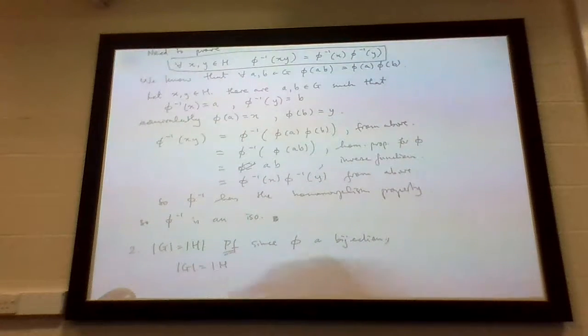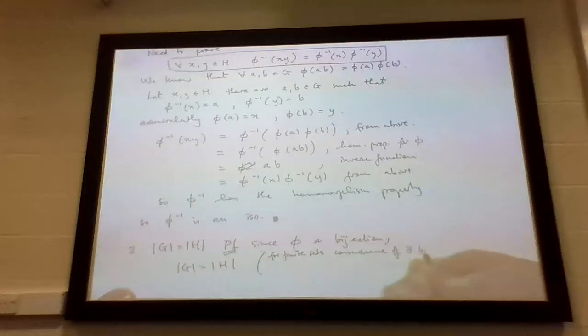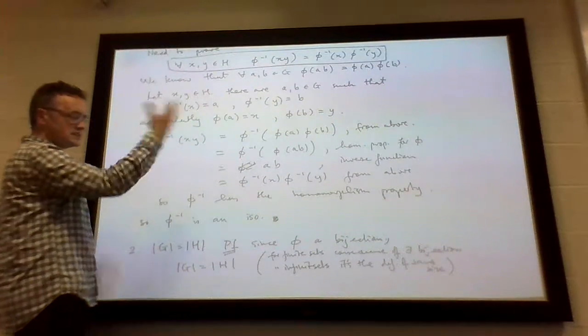So since phi is a bijection, the size of G is the size of H. For finite sets, it's a consequence of the existence of a bijection. For infinite sets, it's the definition of same size. Due to Cantor's theory of infinite sets, he realized that the correct idea for saying two sets have the same size is that there is a bijection.